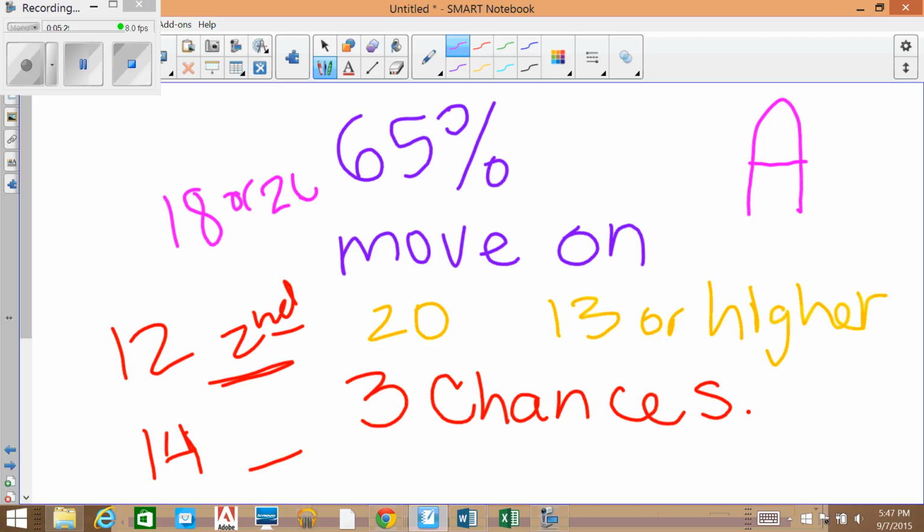Now, how do you make sure that they're all 18s or 20s? Well, if you get 2 questions wrong, and that's putting you at a 16, if that's early enough in the quiz, just get a couple more wrong, and then you will get below the cut score of 13, which then gives you a chance to take it again.